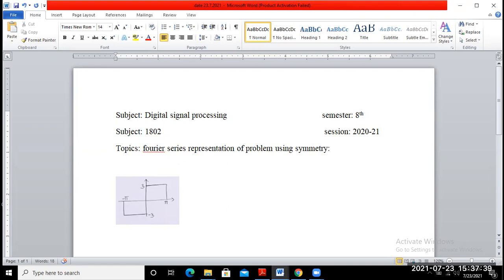For even symmetry, x(t) = x(-t); for odd symmetry, x(t) = -x(-t); and for half wave symmetry, x(t) = -x(t - T/2).